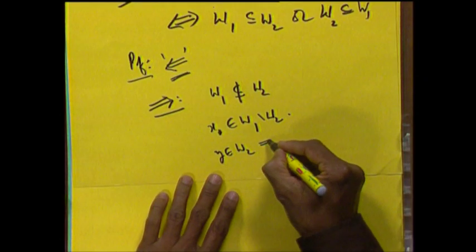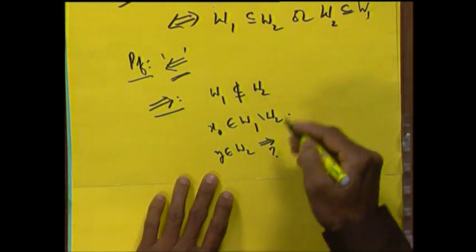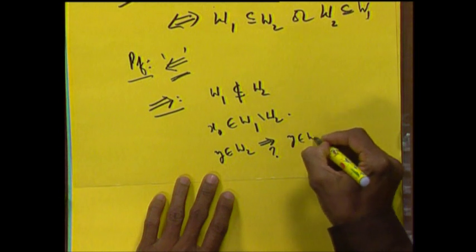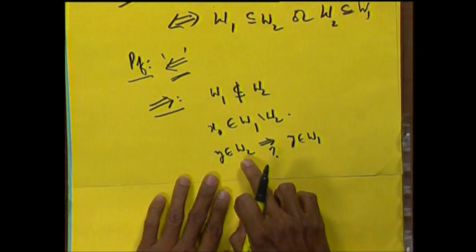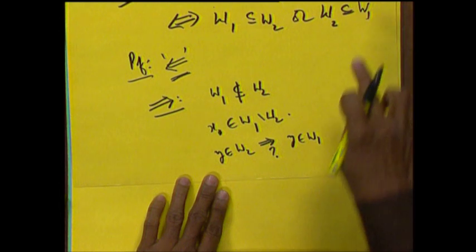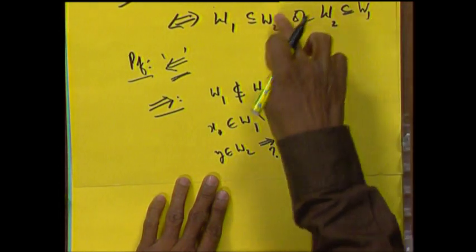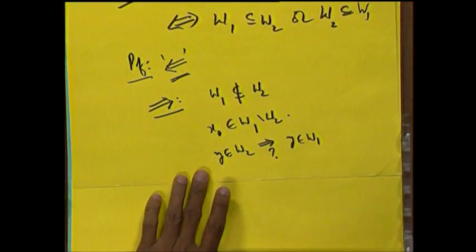Now, let us collect any y belonging to W2. We will try to show that this y belongs to W1. If we can do that, we will obtain that W2 is contained in W1 and we obtain this part. Therefore, this whole thing holds good.